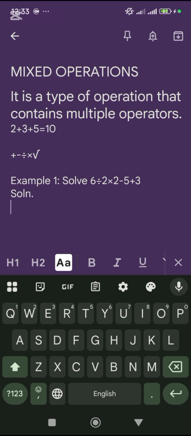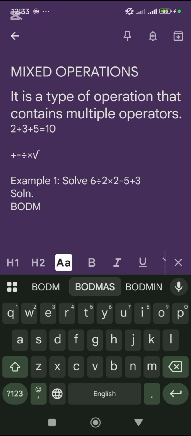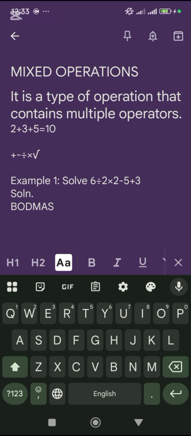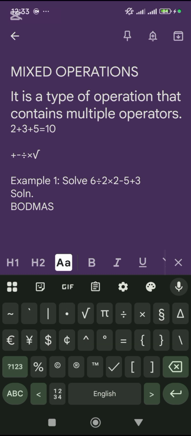Remember our BODMAS, let me just write BODMAS here so that it is easy for us to follow. If we have a bracket, we start with the bracket. If we do not have a bracket and we have order, we start with that. If we do not have that and we have division, we start with division. If we have multiplication, we continue in that order. So the flow goes in this order from left to right.